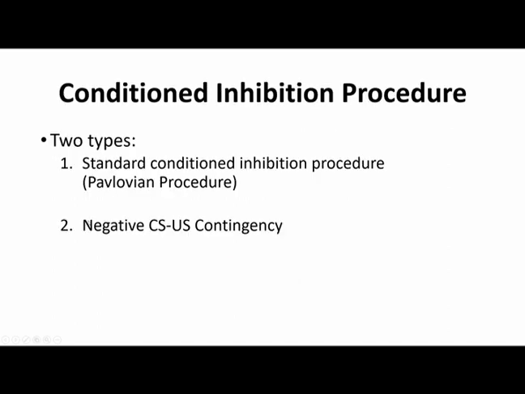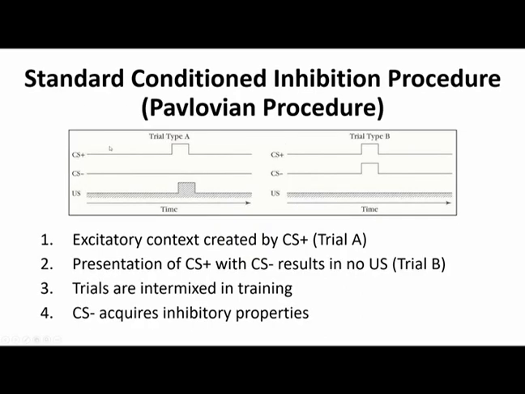So we can talk about two distinct types of conditioned inhibition procedures. The first is the standard conditioned inhibition procedure, or the Pavlovian procedure. That's a mouthful. And the second is our negative CS-US contingency. So let's look at our standard conditioned inhibition procedure.